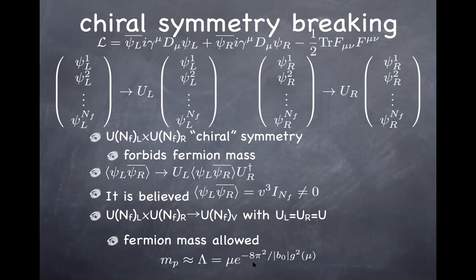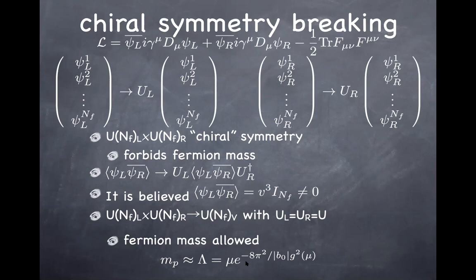I did mention this a couple of times already, but the mass of the proton is believed to be the consequence of the coupling constant blowing up and going infinite, and that in turn creates this spontaneous symmetry breaking. That spontaneous symmetry breaking then allows for the mass of the proton to be generated, and hence the mass of the proton is a consequence of the strong dynamics of this non-abelian gauge theory.